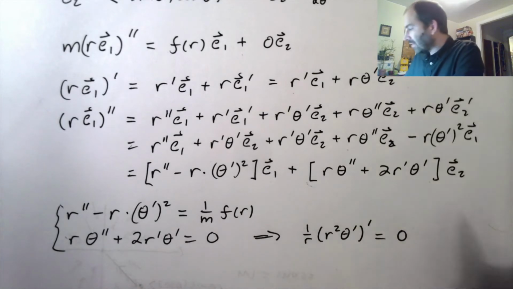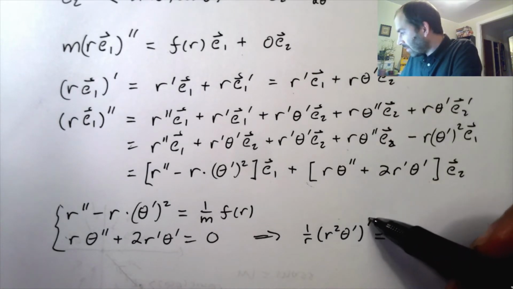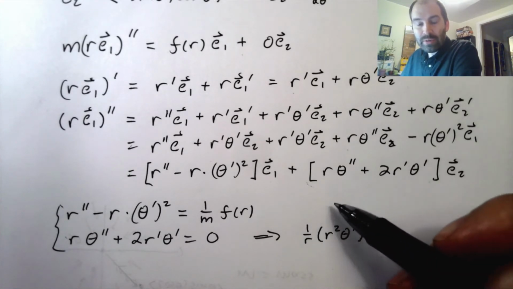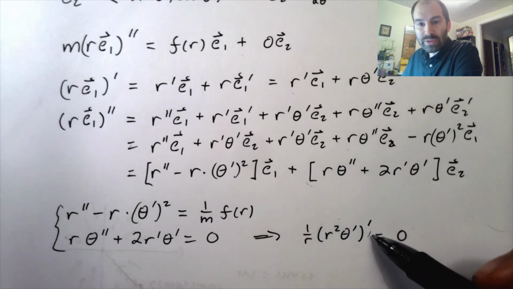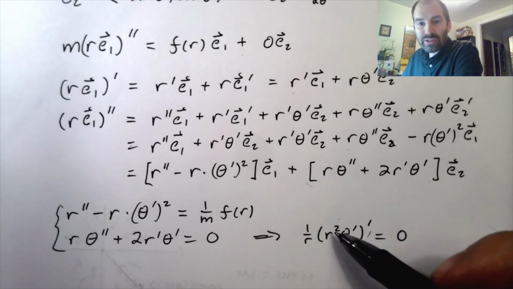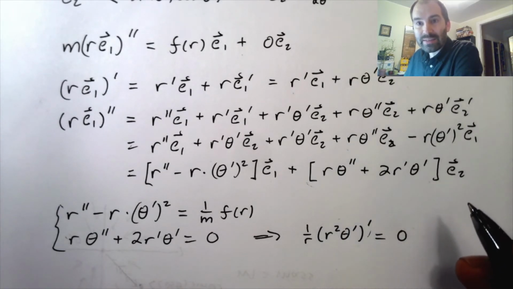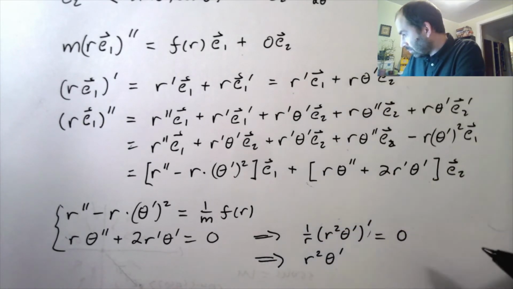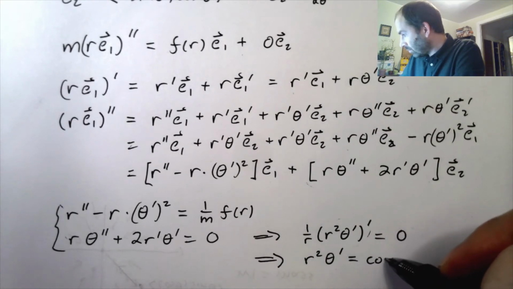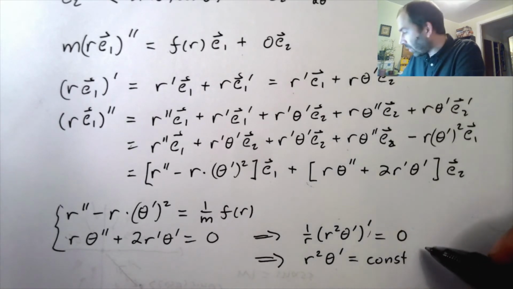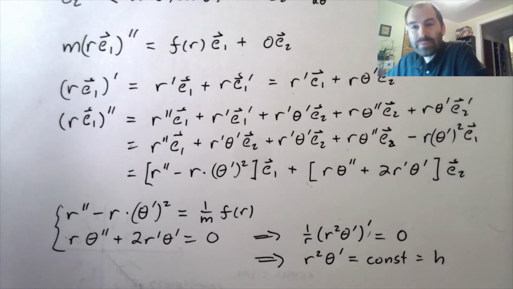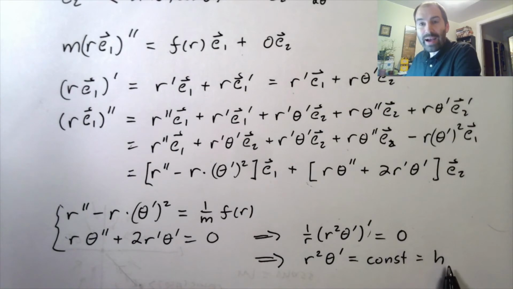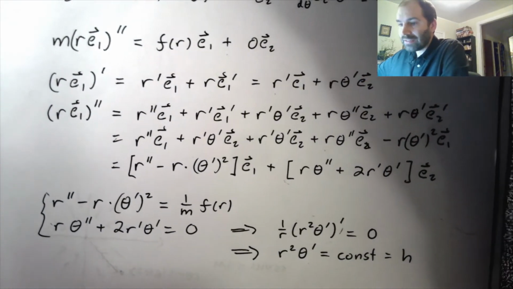So what that means is that this thing must equal, I mean, the 1 over r can't equal 0, so this must equal 0. But if this part equals 0, that must mean that r squared theta prime must be a constant. And so we're going to call that constant h. Okay? So r squared theta prime, because its derivative is 0, it must be a constant. So h is the constant that it's equal to.